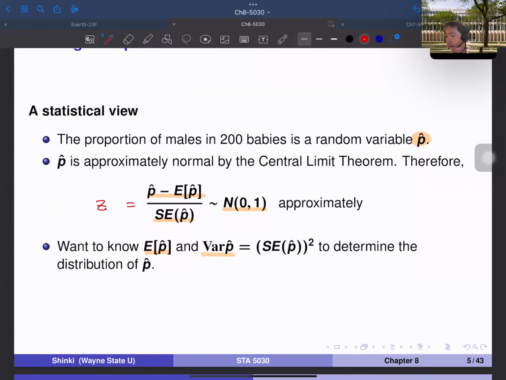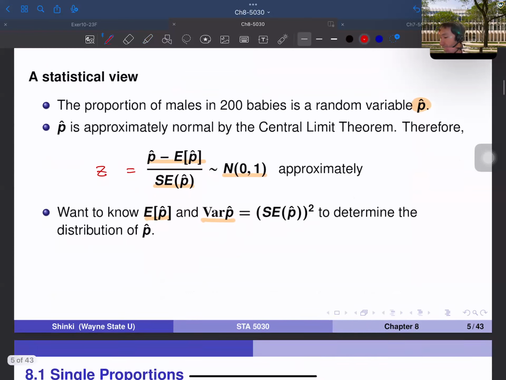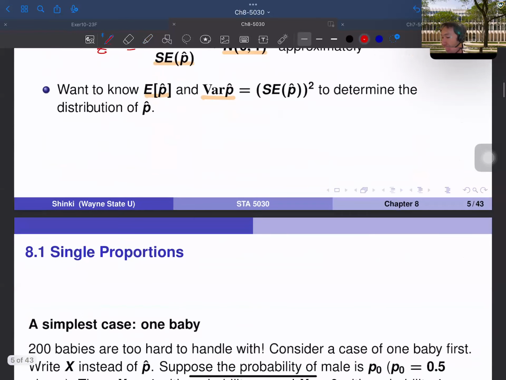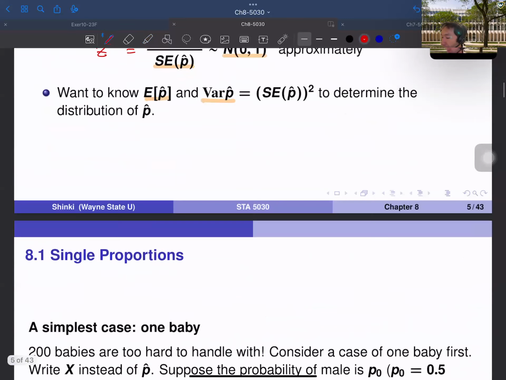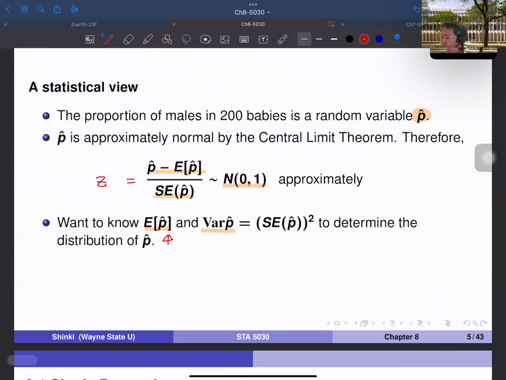We call it Z because it follows standard normal distribution. And so we need the formula for expectation of p hat and variance of p hat. So since the true probability is p, we can almost easily see that this is equal to p.